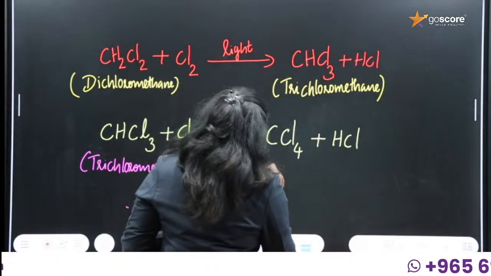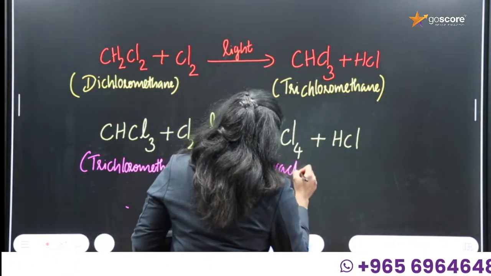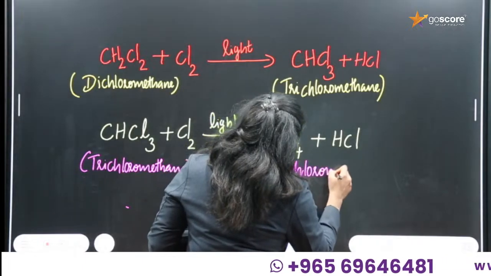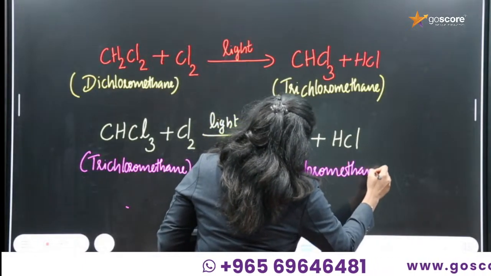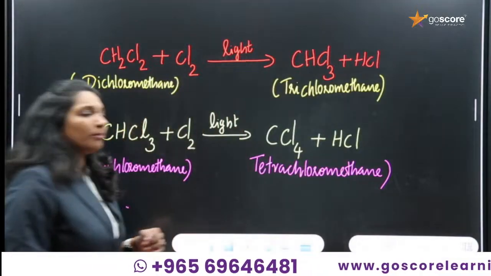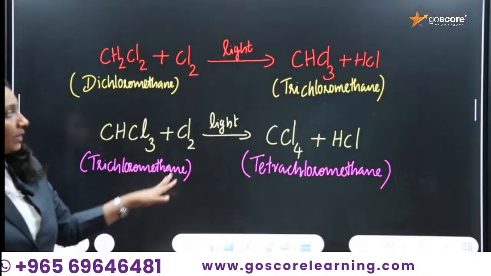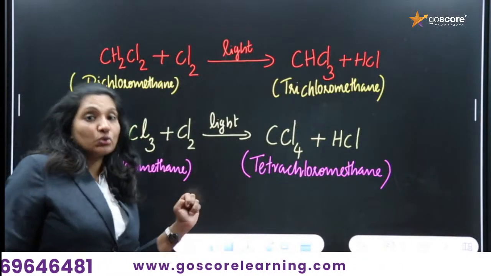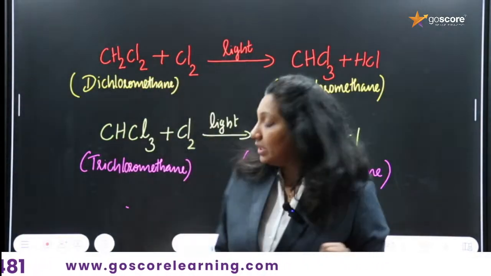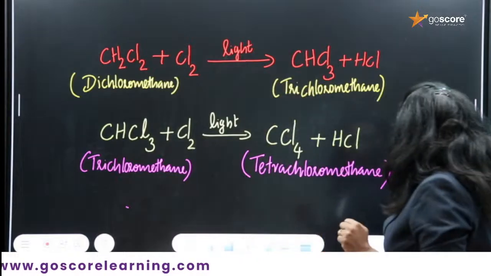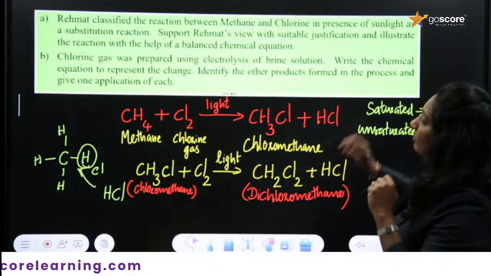It is called tetrachloromethane, also known as carbon tetrachloride. Okay, tetrachloromethane. This is the substitution reaction of methane when treated with chlorine in presence of light.